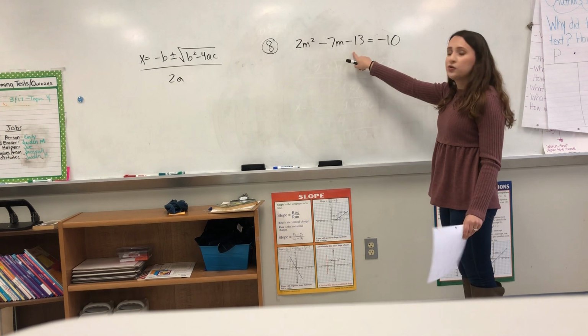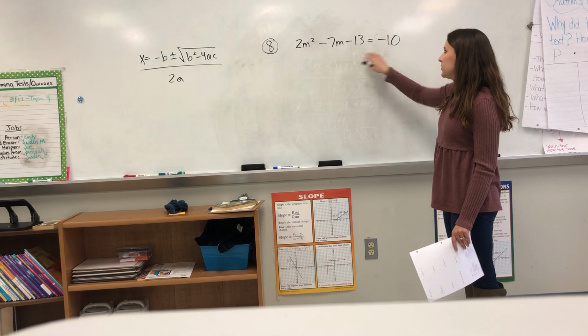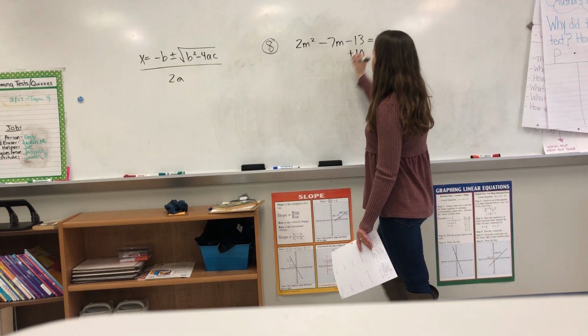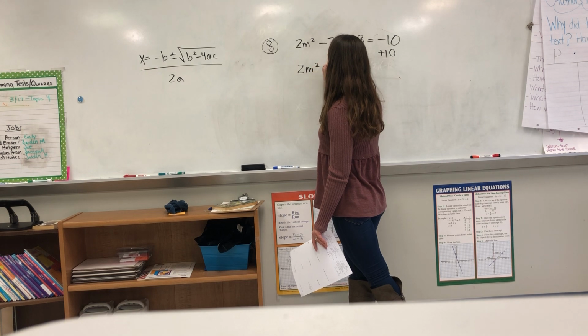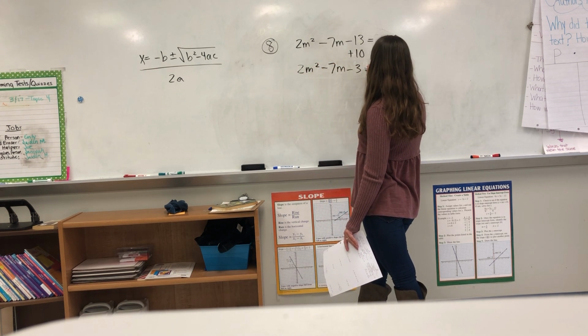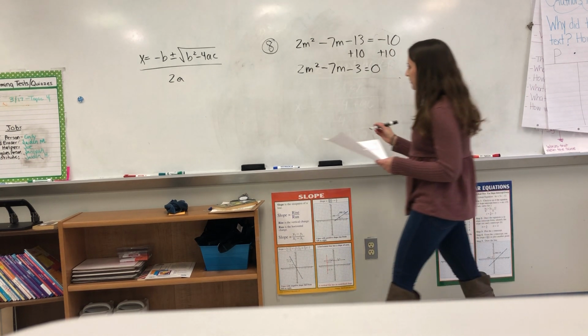So when you are doing the quadratic formula, you have to make sure it's set equal to 0. So we have to move this 10 over to get it set equal to 0. So we're going to add 10. So now we have 2m squared minus 7m minus 3 equals 0. And now we're ready to plug right into the quadratic formula.